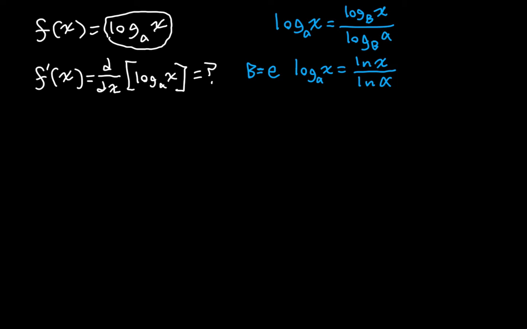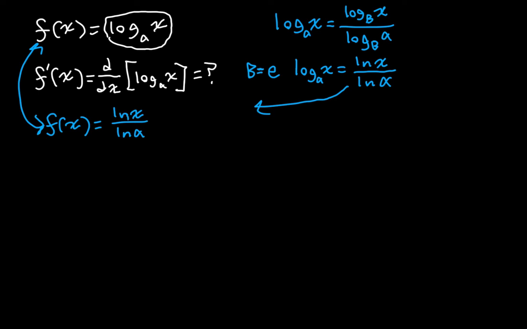So let's bring this over. Let's say that instead, the function f of x, it's really equal to natural log of x over natural log of a. These are the same thing. Because of our log properties, we know that these are identical.